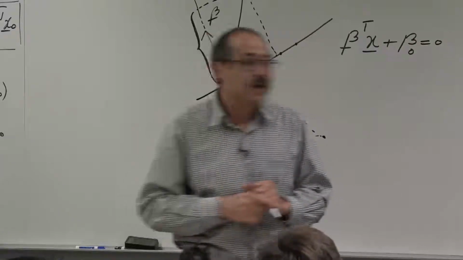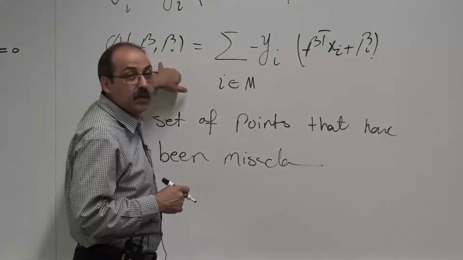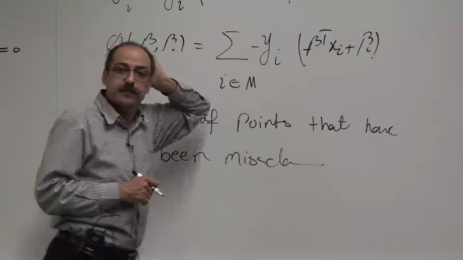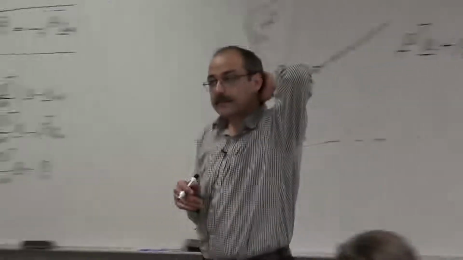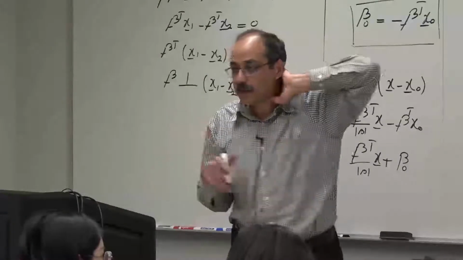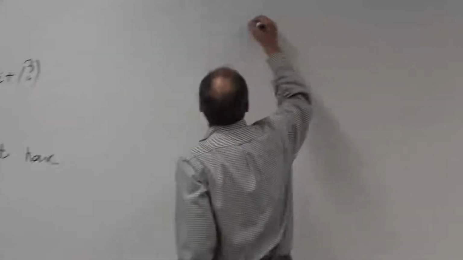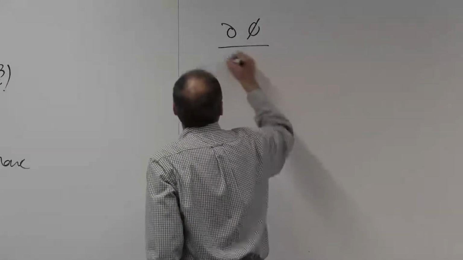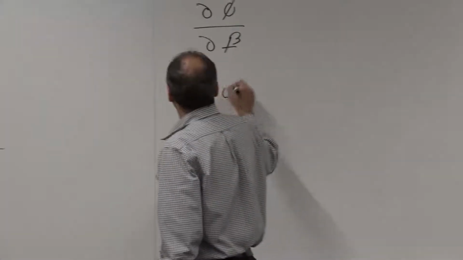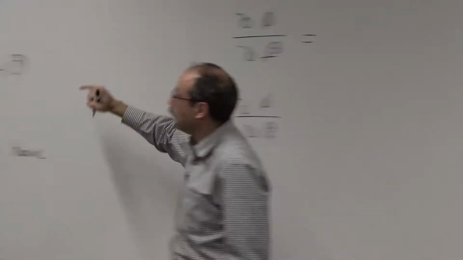Okay, so I need to minimize it. Basically, I need to find beta and beta null in a way that this is minimum. How can I do that? Use derivative. Take the derivative, right? So I have to take the derivative of this function with respect to beta, and I need to take the derivative of this function with respect to beta null. What is the derivative with respect to beta?